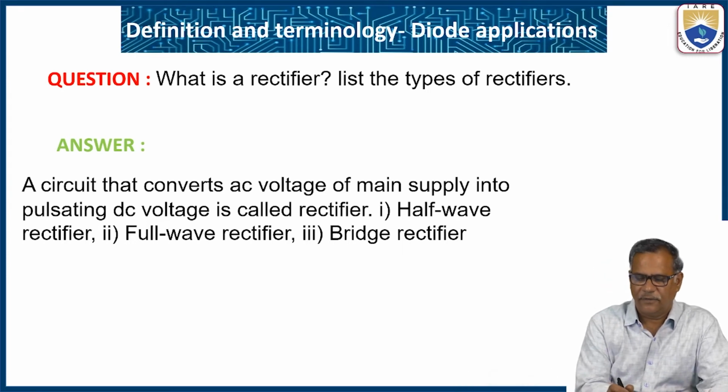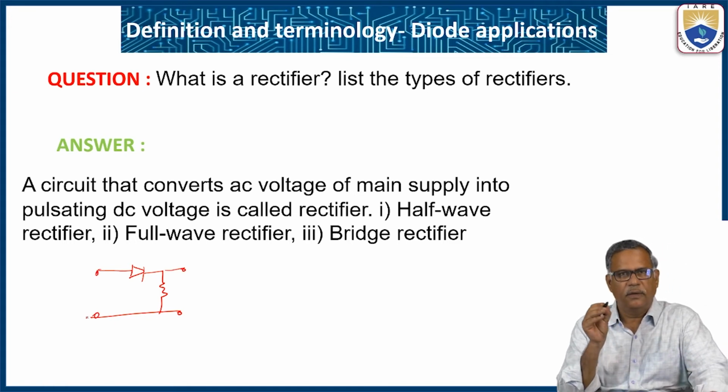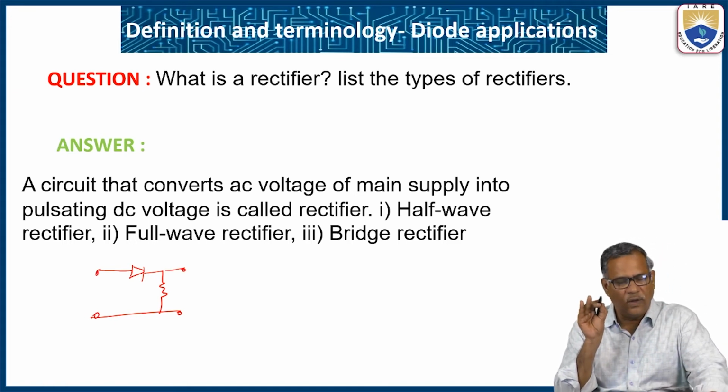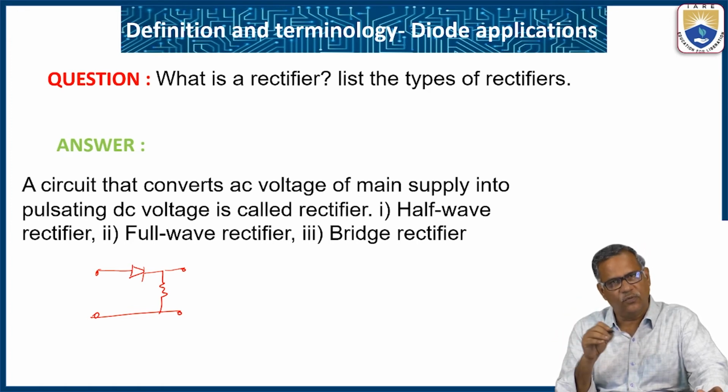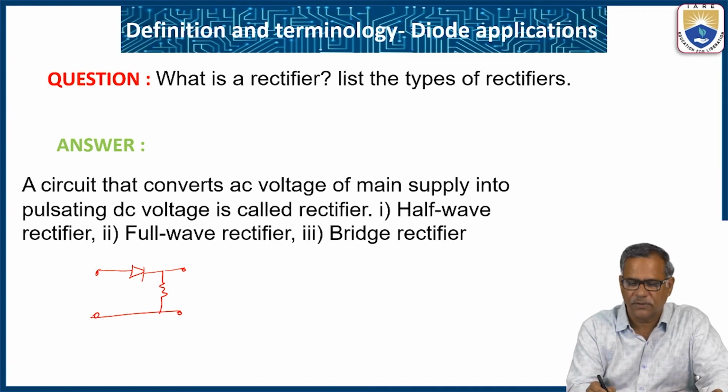And half-wave rectifier is like this, which employs just one diode, and it gives only one half of the input cycle. And full-wave rectifier rectifies both cycles of the input wave, and it uses two diodes.